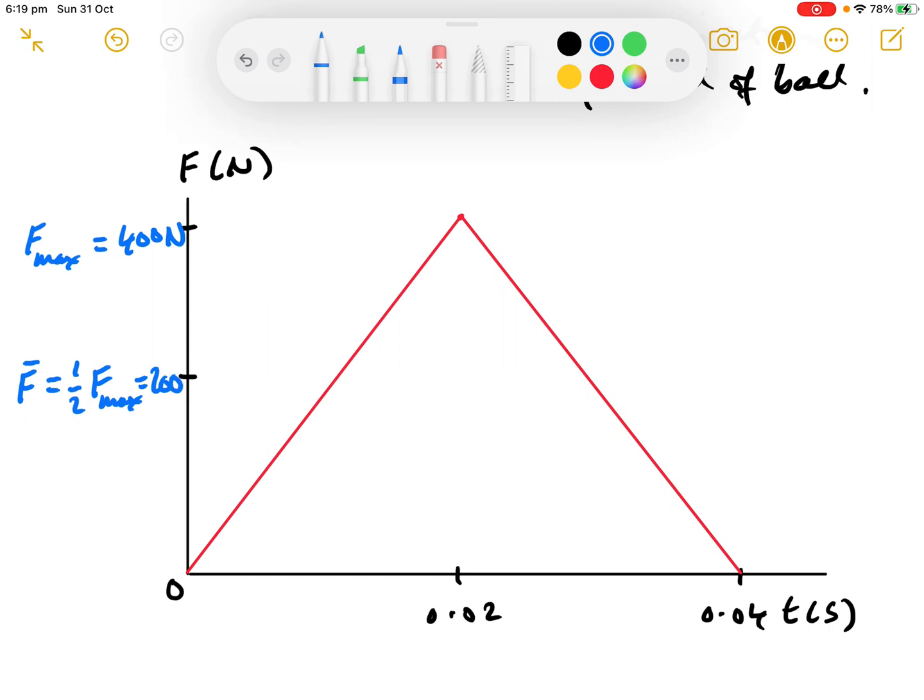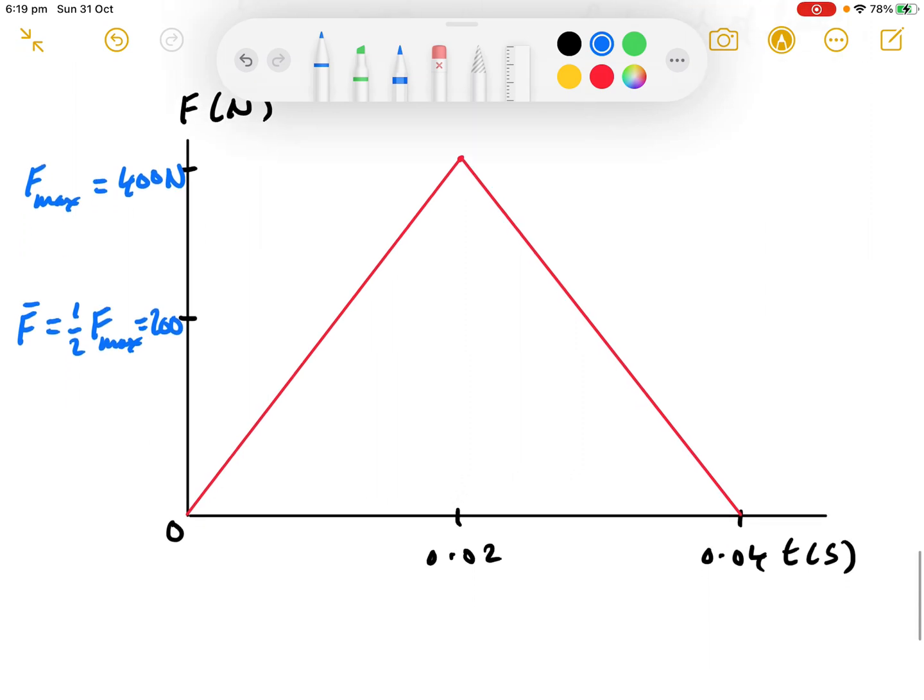Now I know this is 200, so that's how I worked out that the max was 400. Okay. So F bar is half of F max. That's the case for all linear type graphs like this. So there is the graph of our motion.